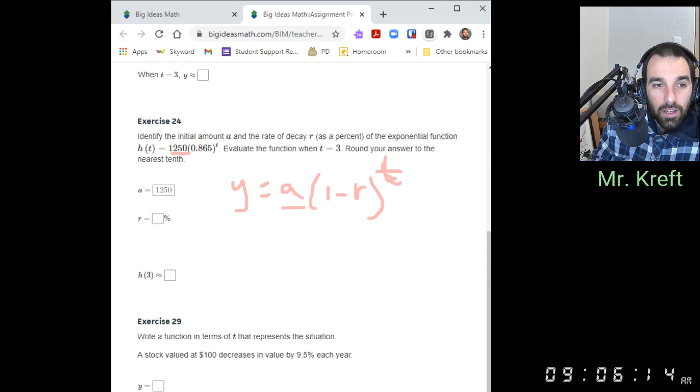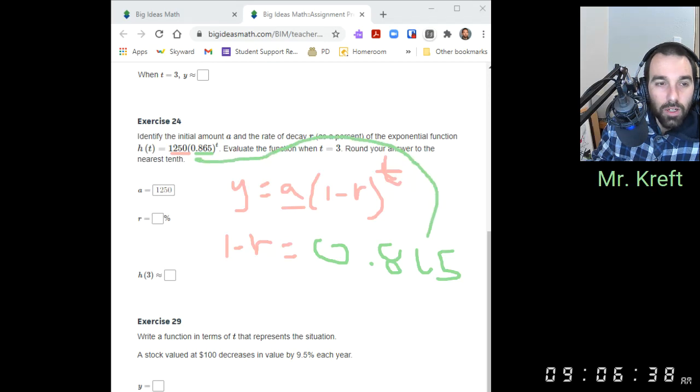So I'm going to say 1 minus R equals, and I'm going to change the color here, green, equals 0.865. The reason is that this is 0.865, that's where this is coming from.